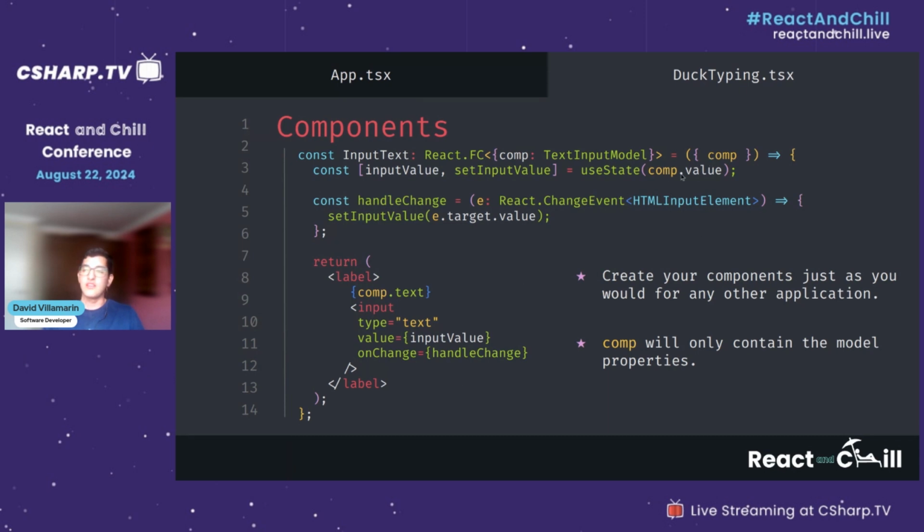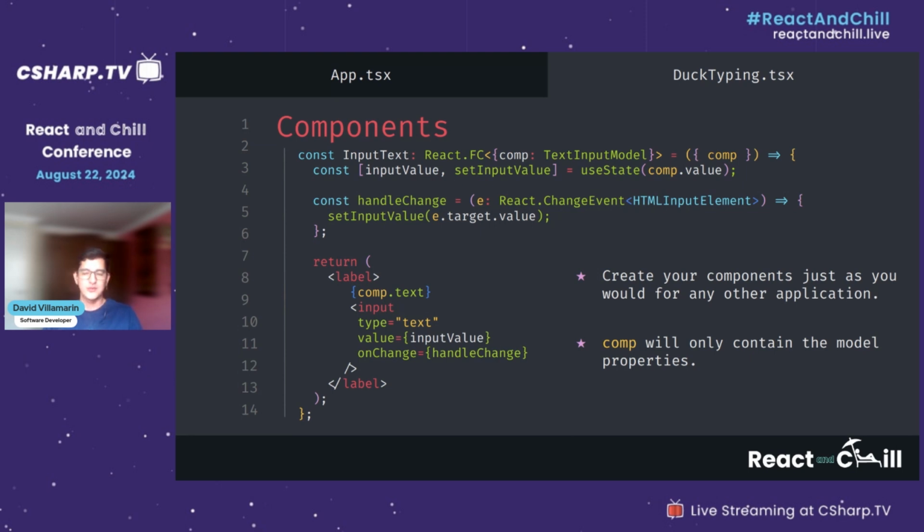So for example, in this case, comp.value could be a default value for this specific input, that, as you can see, is just a pretty basic input text with some label, right? And of course, we are managing right now the internal state with a useState.